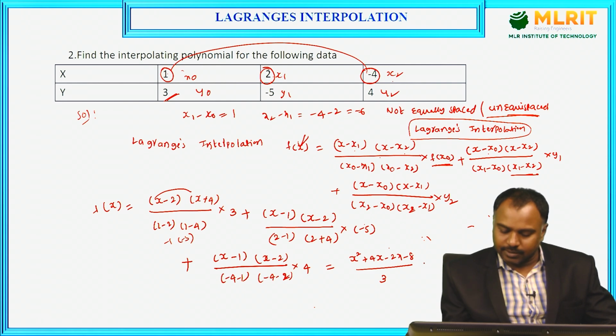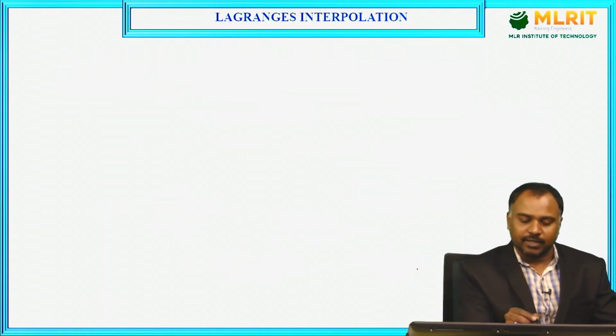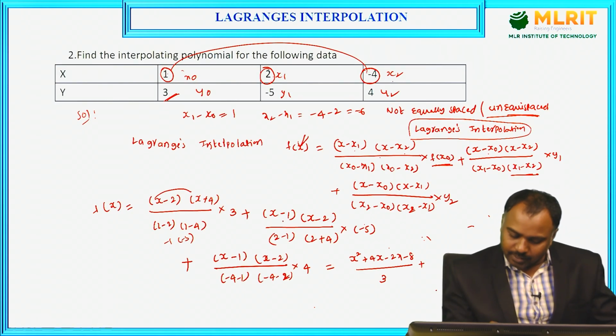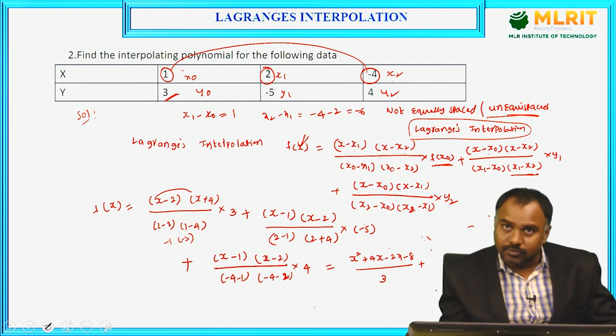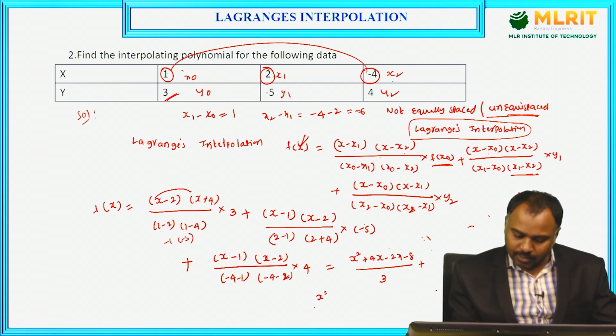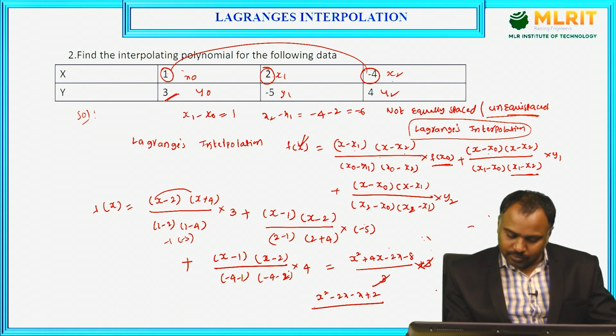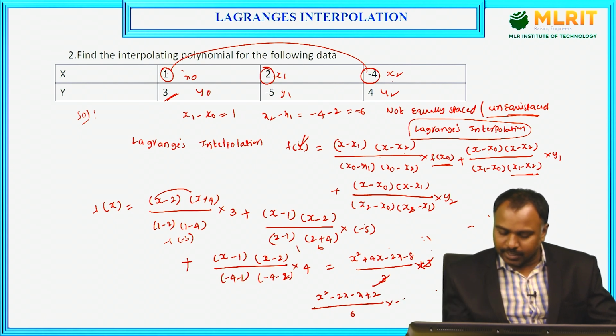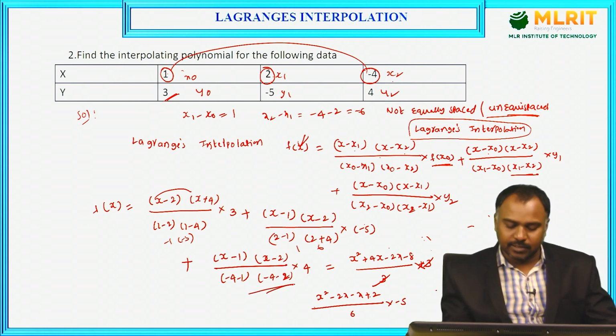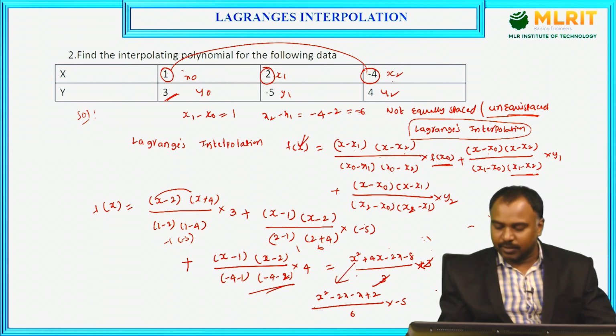Like this we need to simplify. The second term is x minus 1 into x minus 2, so x square minus 2x minus x plus 2 divided by, here the 3 gets cancelled. In the second term, 2 minus 1 is 1, 2 plus 4 is 6, so 6 into minus 5. Like this the third term also, we need to simplify, take x square common and simplify.